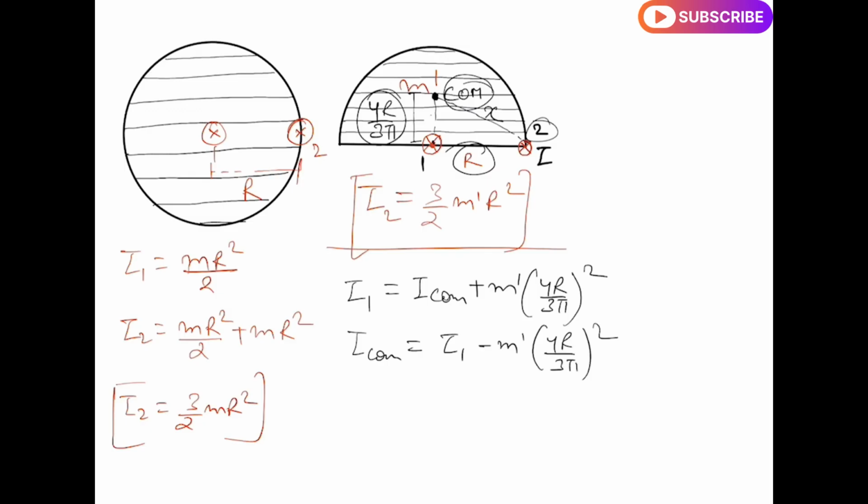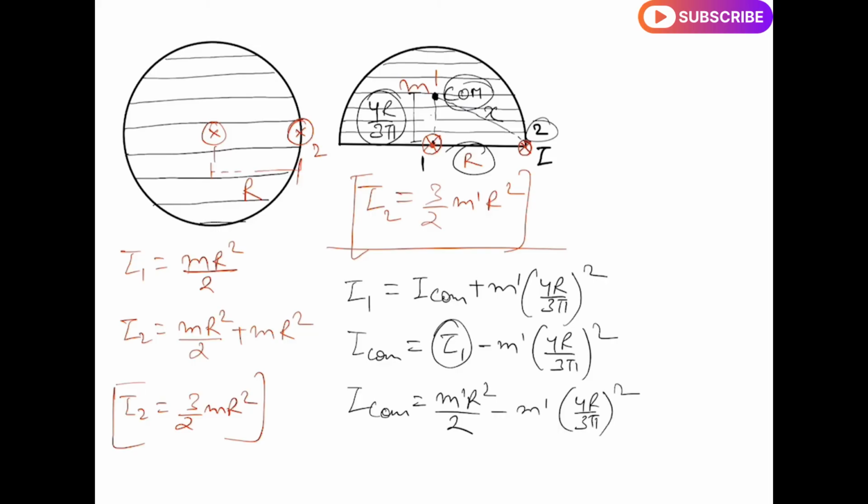Now we know that the moment of inertia of the semicircular disk about this axis I1 would be the same as in the formula for the complete disk, which is m dash r square by 2. So ICOM is m dash r square by 2 minus m dash into (4r by 3 pi) whole square.